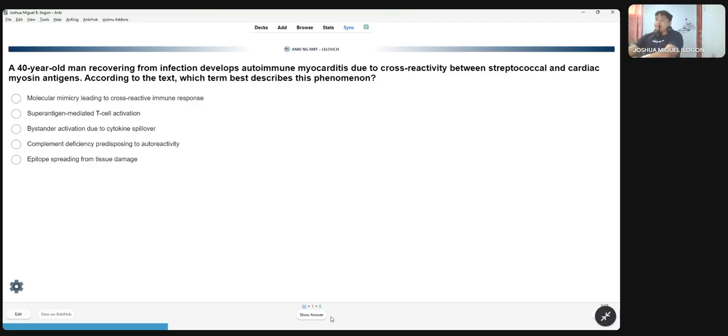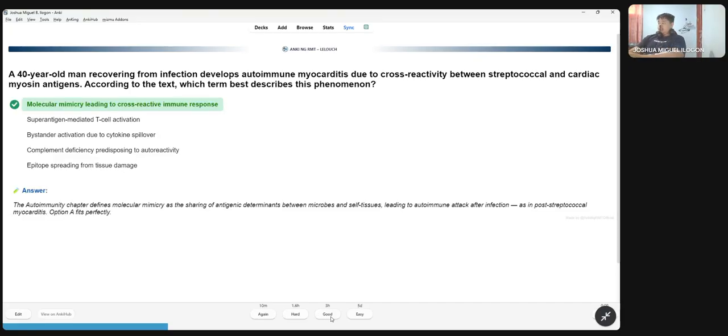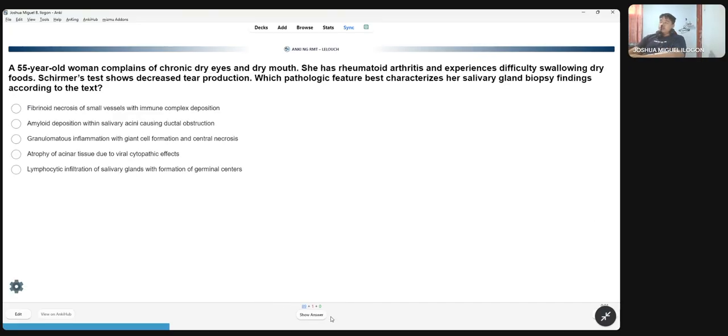Cross reactivity between streptococcal and cardiac. That's your molecular mimicry. And dry foods. That would be your lymphocytic infiltration.